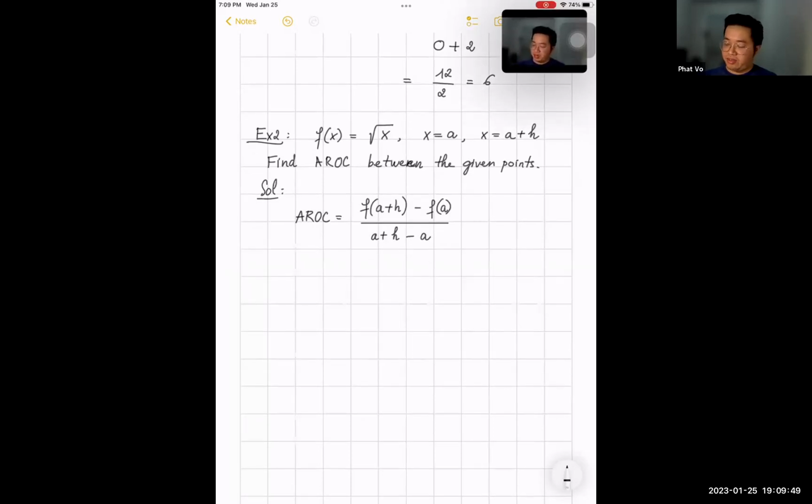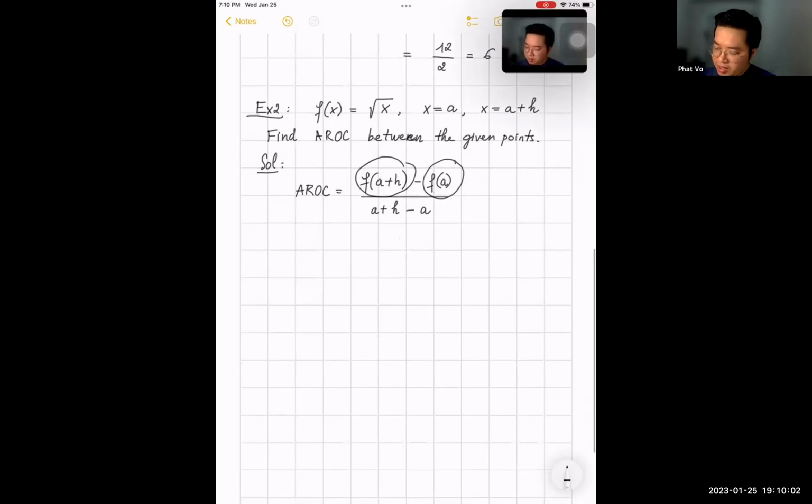So to calculate the average rate of change in this case, you need to calculate explicitly the value of this and the value of this. So what is the value of f at a plus h? Here, that means you replace x by this.